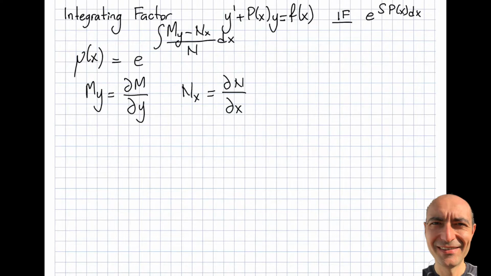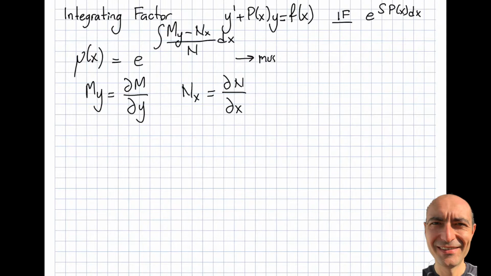So obviously M is given to me in the question, right? So the equation is M dx plus N dy. So these are given to me in the question itself. So I simply go ahead and take the partial of this with respect to y, and then minus the partial of this N with respect to x, divided by N, which is given in the question. This will be an integrating factor, but there's a loophole, like I said.